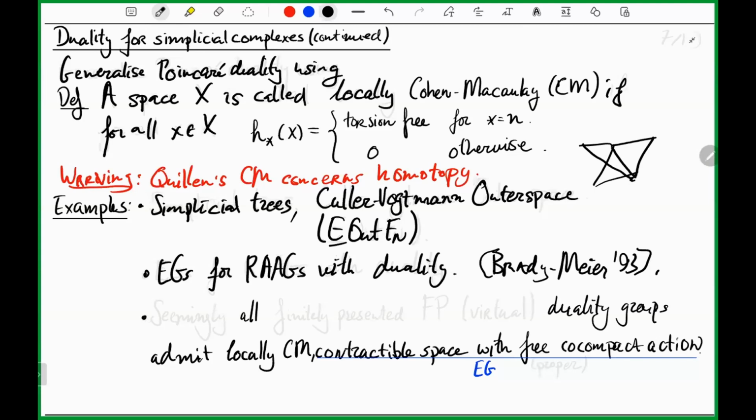Okay, so you might notice that all the examples I pulled up here are examples of either classifying spaces or EGs for duality groups.